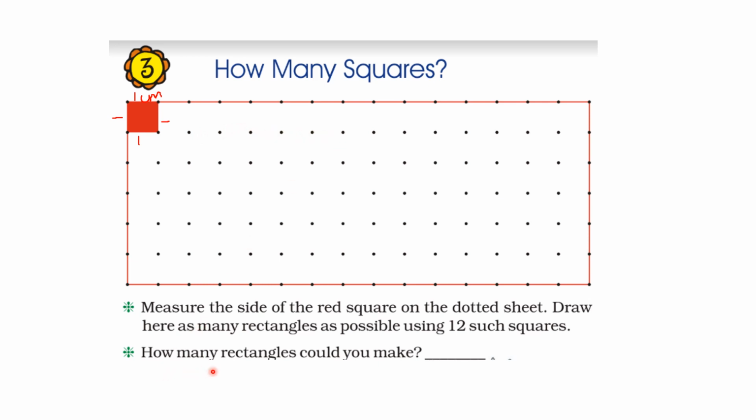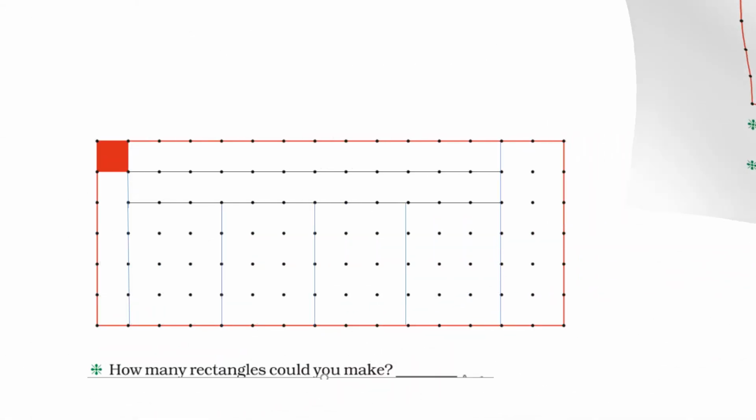And the question they ask is, how many rectangles could you make? So children, you try yourself how many rectangles you can draw on this dotted sheet using 12 such squares. Clear? Yes. I got rectangles like this. I hope you completed. Okay, fine. Let's count how many rectangles we got.